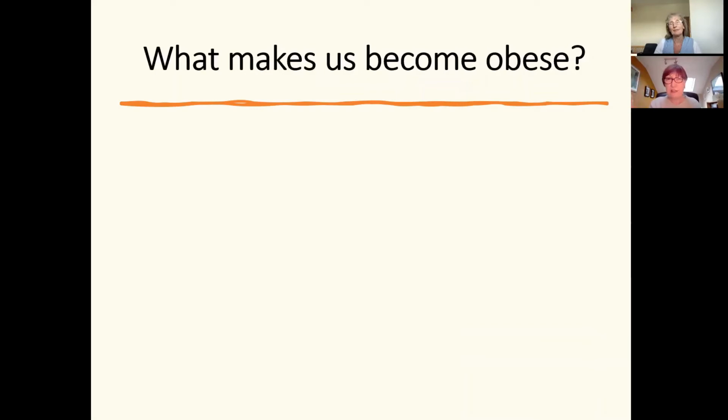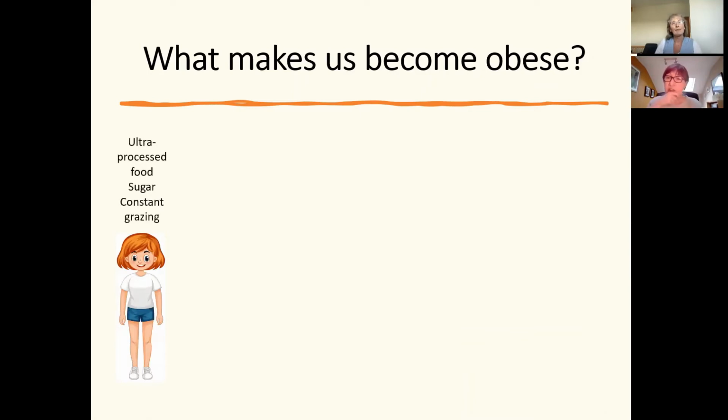So obviously this goes wrong for a lot of people, and people gain weight and become overweight or obese. So what's happening? What's going wrong? Let's start out. She starts out nice and slim. This is how she was when she was younger. But she got into that ultra-processed food craze, eating lots of sugar, constant grazing, like we saw with her before.